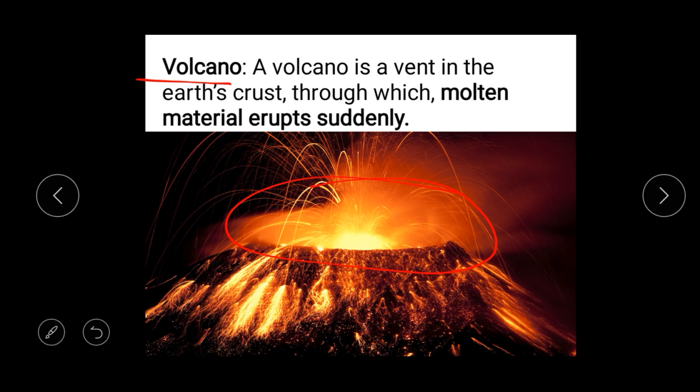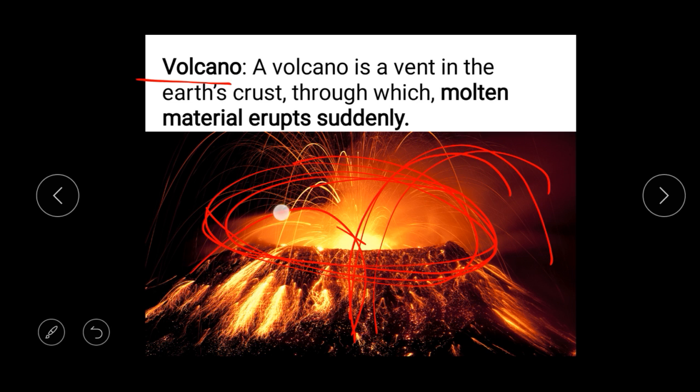In that crust is a small vent, like an opening, through which molten material erupts suddenly. Look here how the magma is coming out. Are you clear about volcano? Very good.